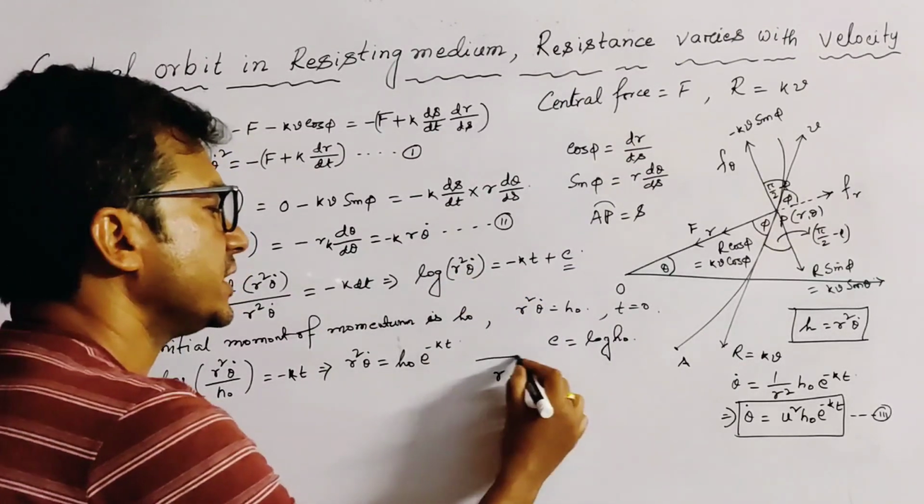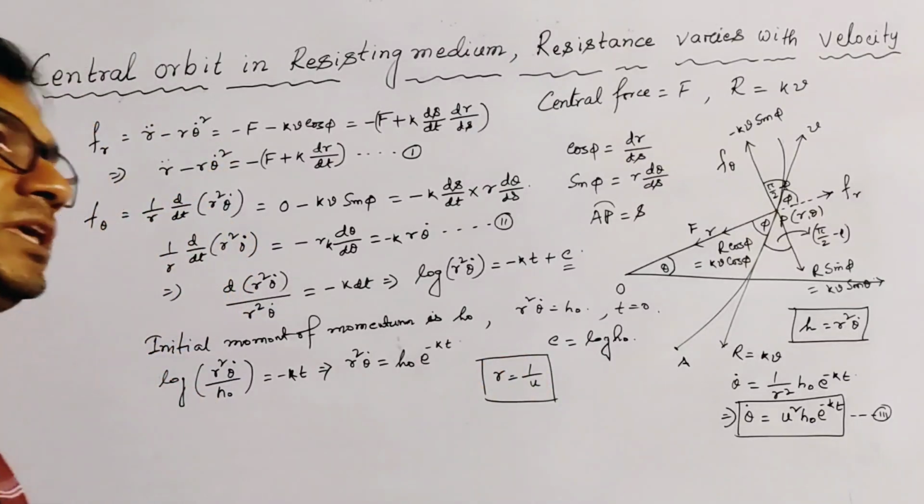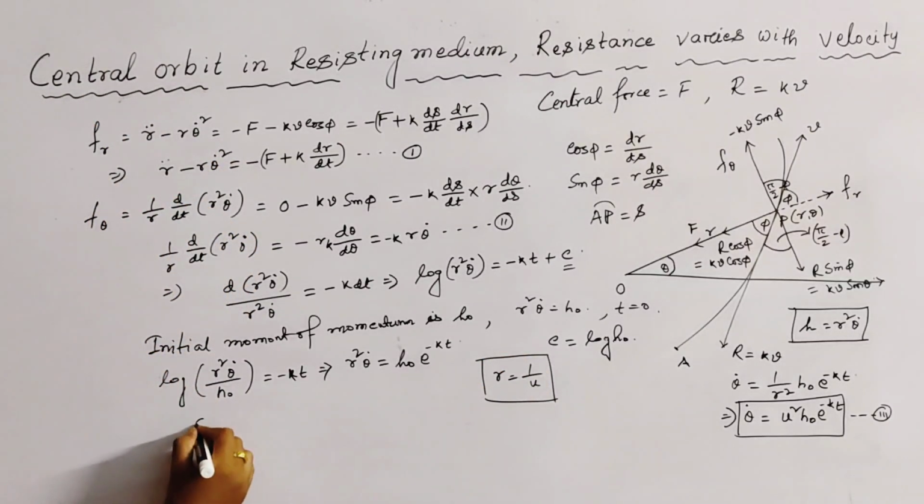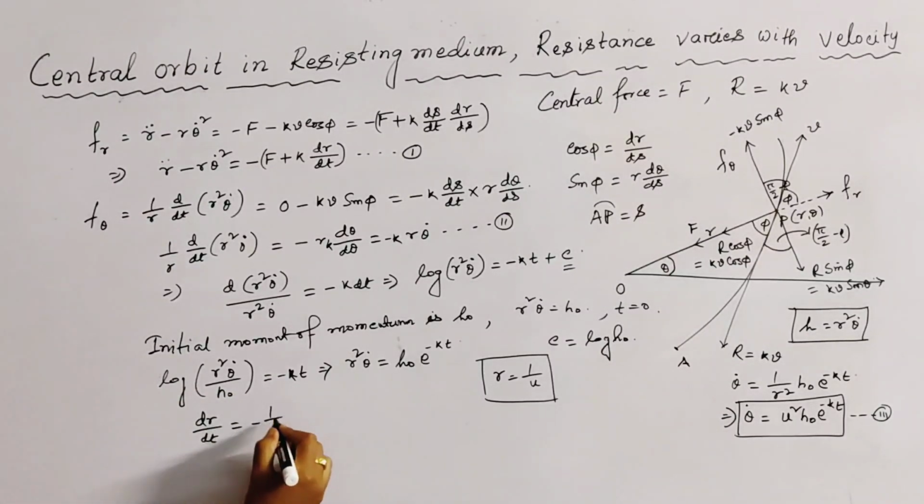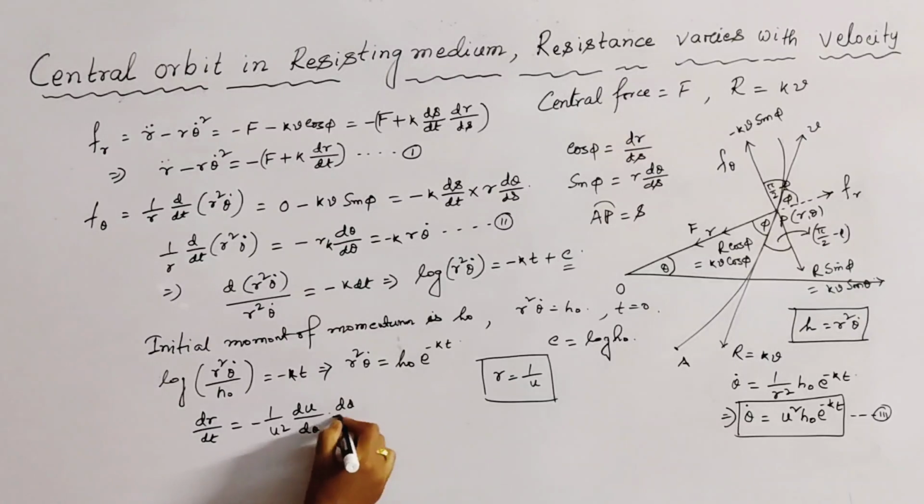Now from r = 1/u, we get dr/dt = −(1/u²)(du/dθ)(dθ/dt).